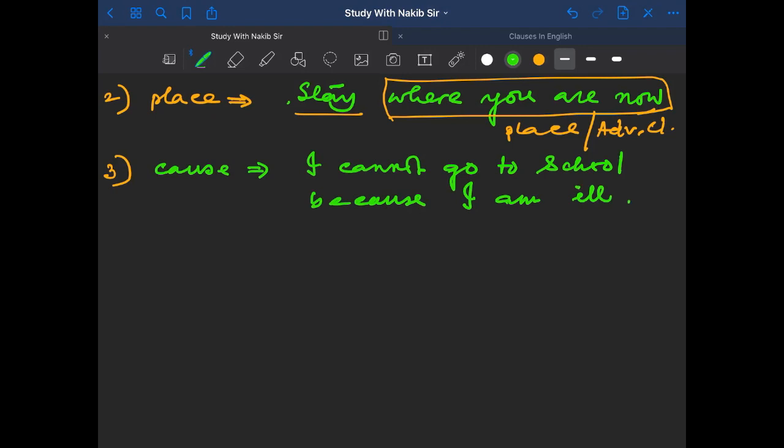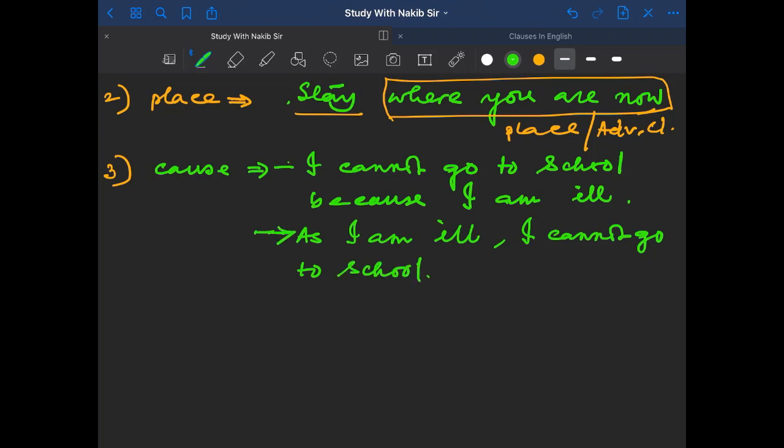You may write this sentence this way: as I am ill, I cannot go to school. So I cannot go to school because I am ill, and as I am ill, these two clauses are called adverb clauses. Okay.